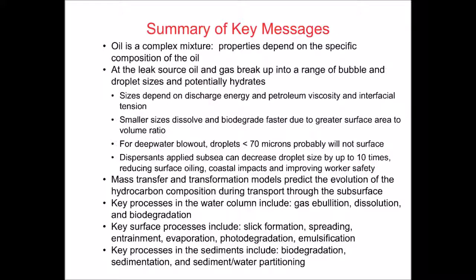This evaporation is going to change the properties of the oil and eventually promote emulsification and formation of thicker oil mats if it doesn't get broken up and degraded before that occurs. Photodegradation through sunlight is also a new process that is not really happening in the deep water column, but does start to degrade the oil in the surface ocean.